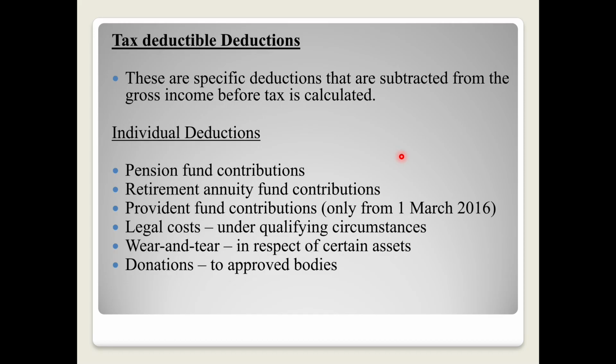Retirement annuity fund contributions, SARS or the government will provide you with a table to tell you what you can deduct. Provident fund contributions, also SARS will tell you the amount that you can deduct. Legal costs under qualifying circumstances, wear and tear in respect of certain assets, and donations to approved bodies. So you can't just donate money. SARS will have a table, and then they will tell you if this is an approved body or not.